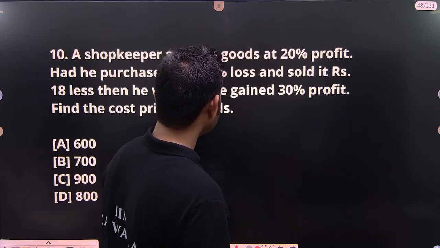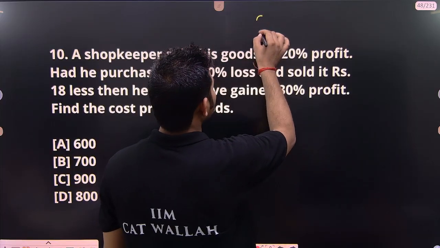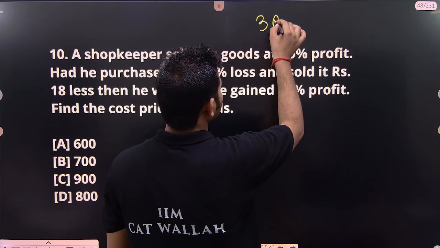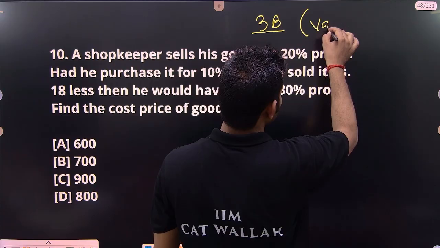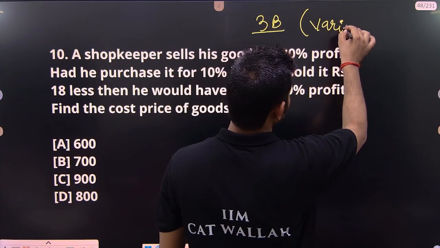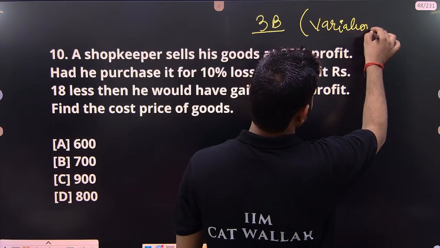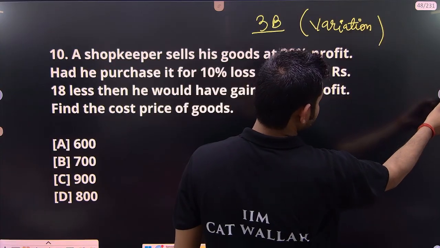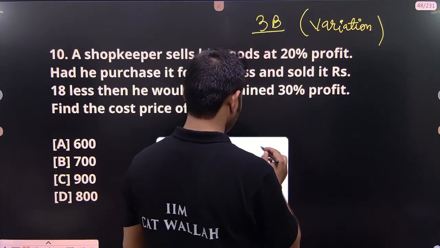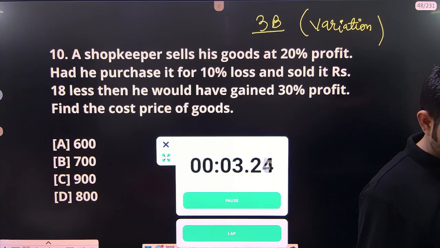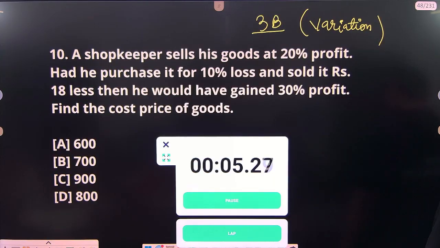Basically, type 3B. There is a variation. You need to first observe the variation, then try to solve the question. Take your time, at least 30 seconds or 1 minute. Pay attention, there is a variation.